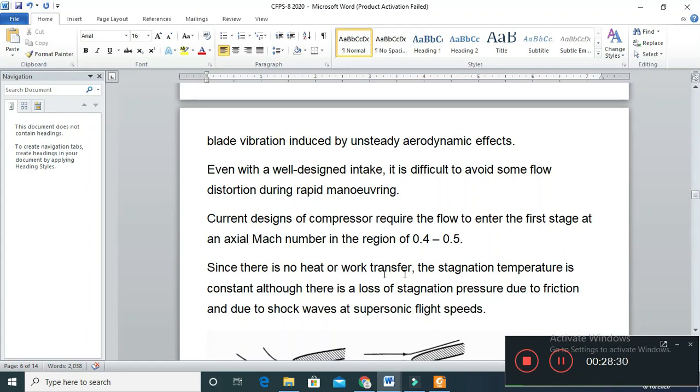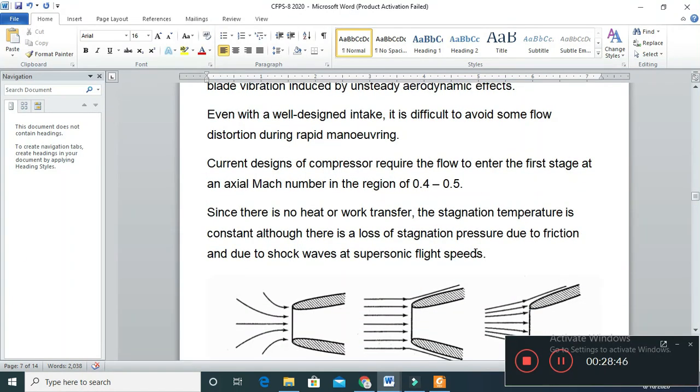Usually we require the Mach number between 0.4 to 0.5. This is the optimal Mach number, or optimal velocity, for the compressor section.